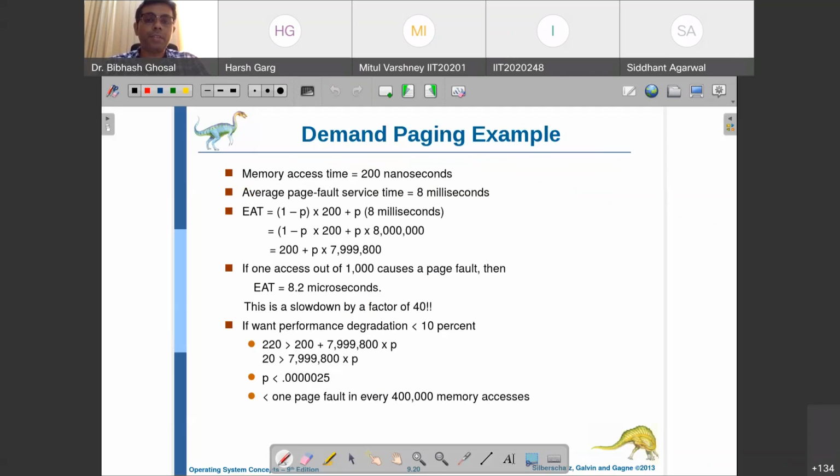If your memory access time is 200 nanoseconds and every page fault service requires 8 milliseconds, what you finally have is an effective access time of 8.2 microseconds, which is a slowdown factor of 40. So you are running your program at a particular rate and you are slowing down the entire process by a factor of 40. Why? Because remember, you are bringing the pages from the hard disk, which is a slow device.